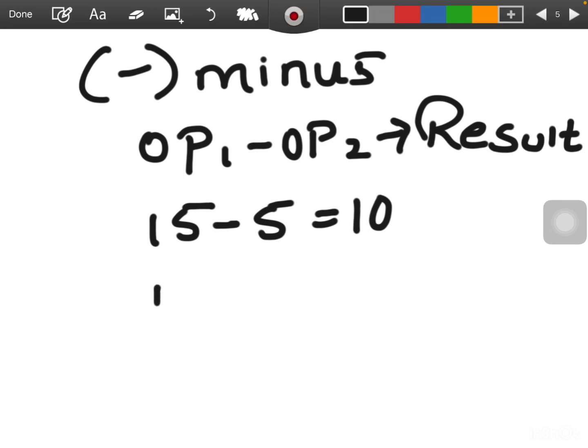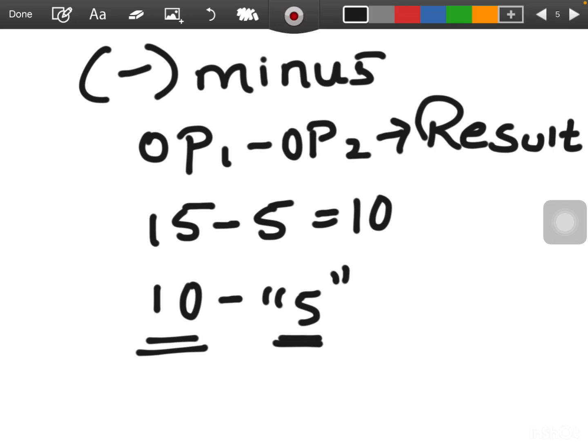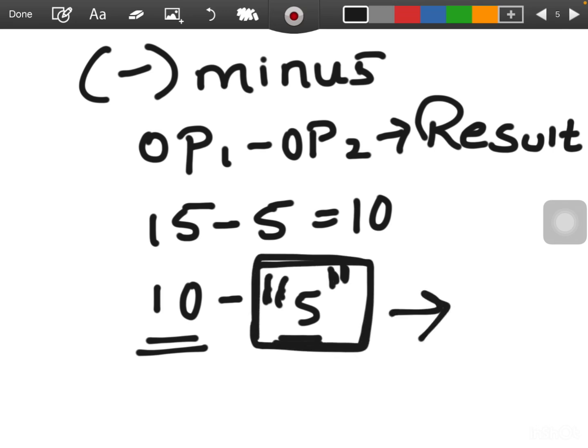For example, we pass 10 minus 5. Here 10 is an integer. Here 5 is also an integer, but we have enclosed it with double quotes, so it acts as a string. When we do subtraction of an integer minus a string, we will get a compile time error.